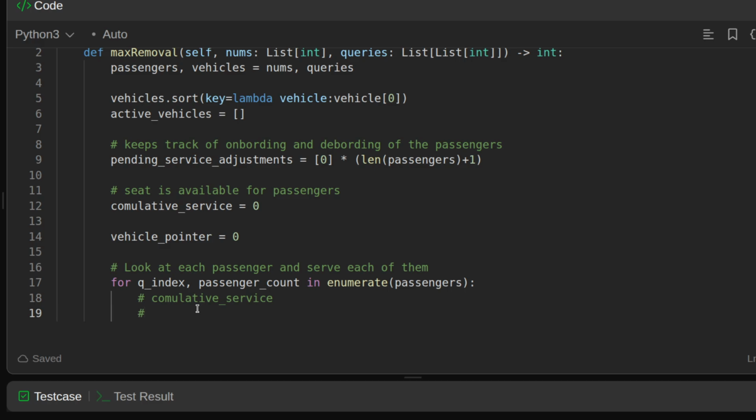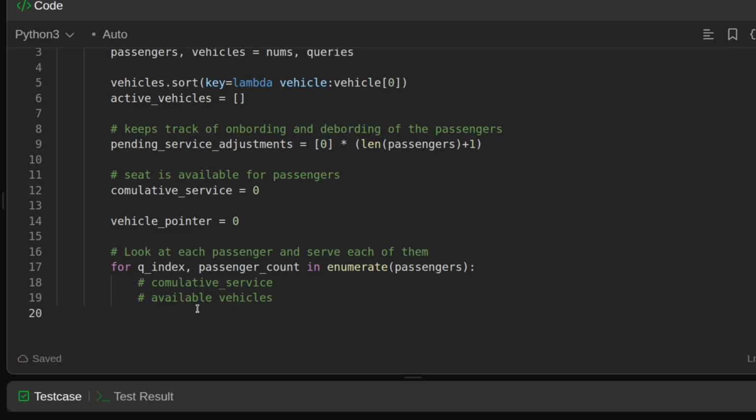Then I have to look at the available vehicles, right? Then available passengers, plus available vehicles, that means serve.